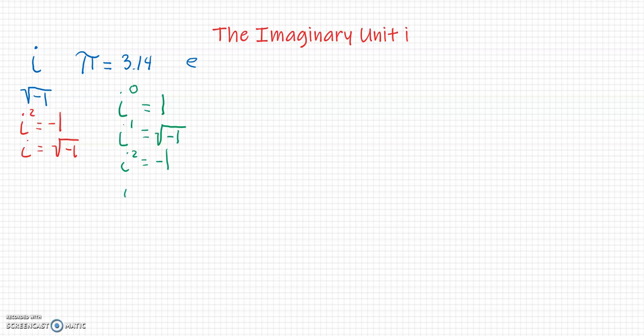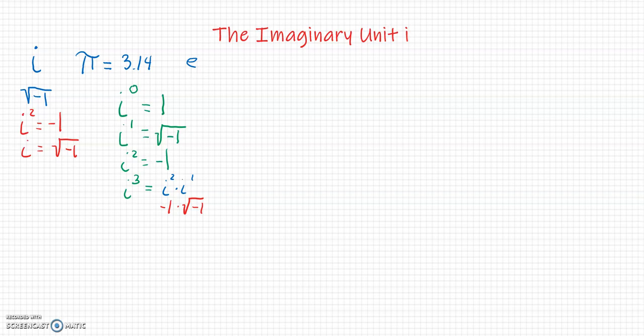Now let's keep going. i to the third power. Well, i to the third power is the same thing as, let's do this, i squared times i to the first. Well, if we previously established that i squared was -1, and i is the same thing as the square root of -1, so I'm actually multiplying -1 times the square root of -1.